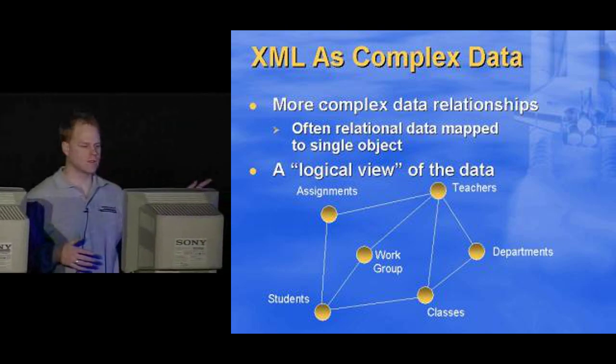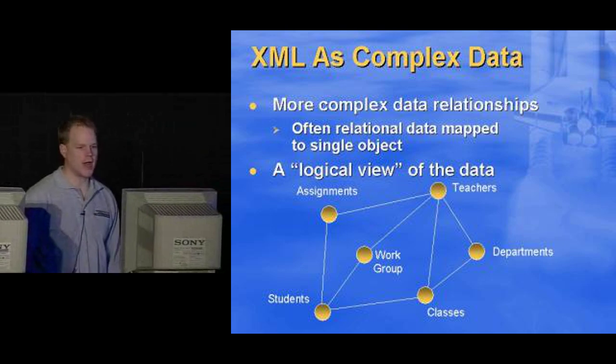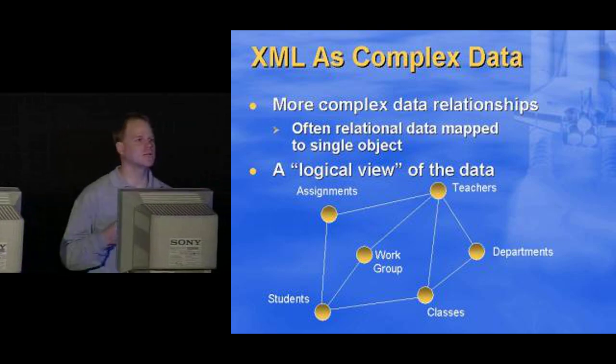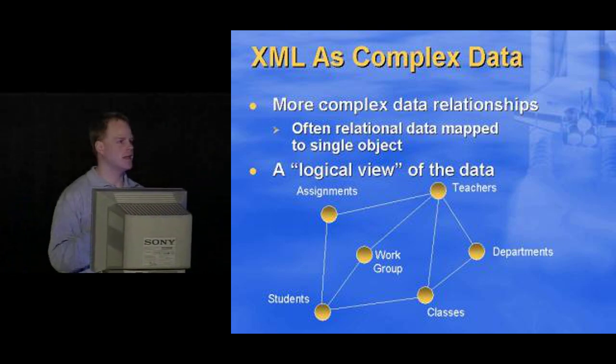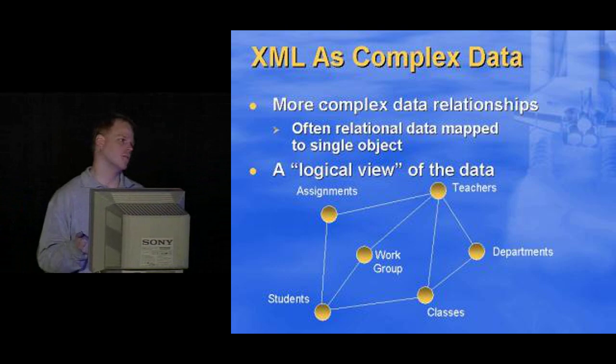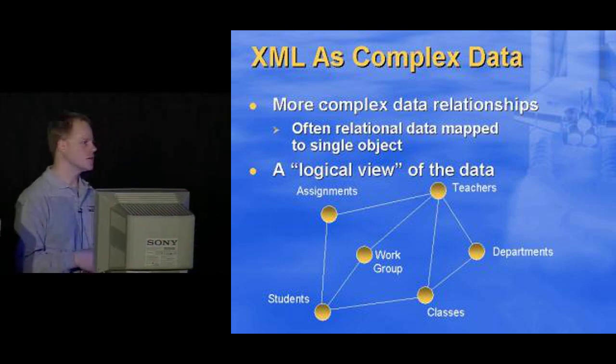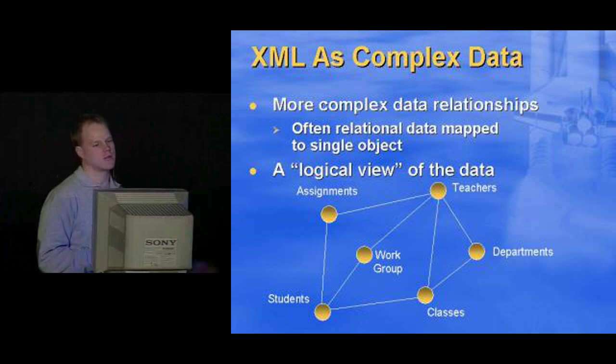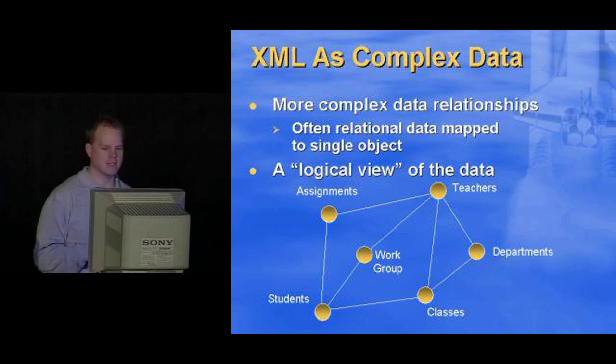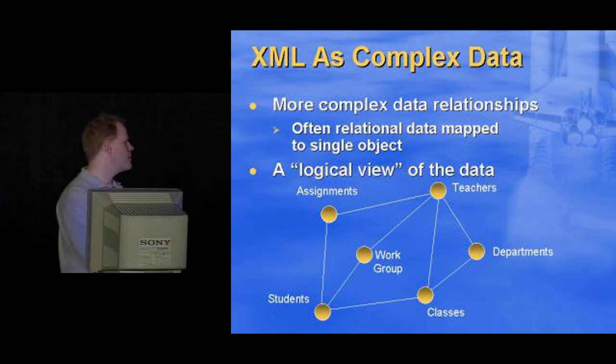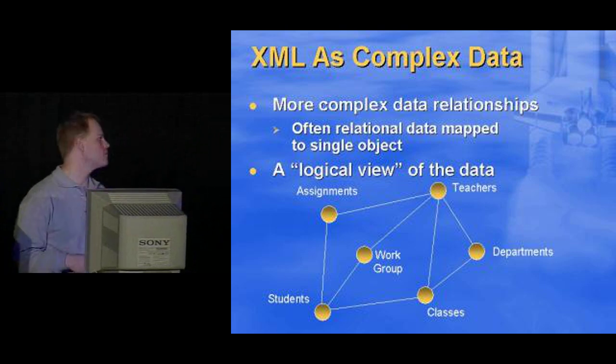That's sort of what we've described in the ball diagram here, as we describe teachers, students, and classes, and as you work in a working group concerning a project. I have teachers, and teachers make assignments, and assignments are completed by students, and the students could be part of a working group. Those working groups are formed by teachers.